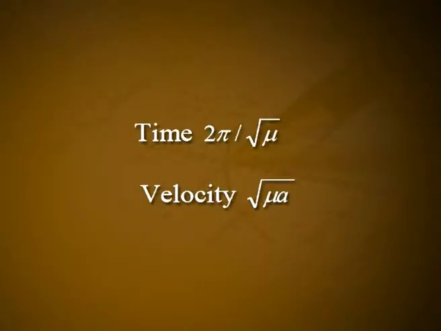The particle starts from A with 0 velocity and moves towards O with increasing velocity and reaches O with velocity √μ a. It continues to move in the same direction, but now with decreasing velocity till it reaches A', where OA' is equal to a, where its velocity is again 0.